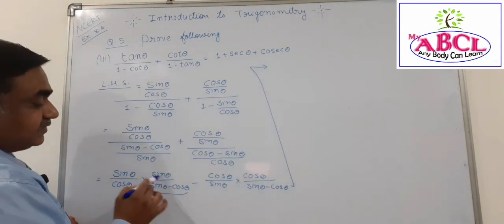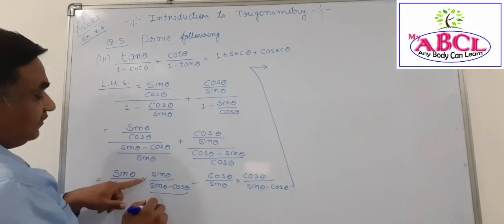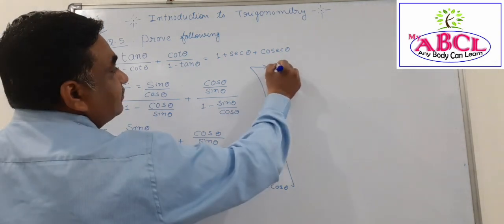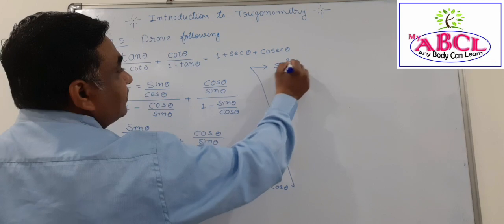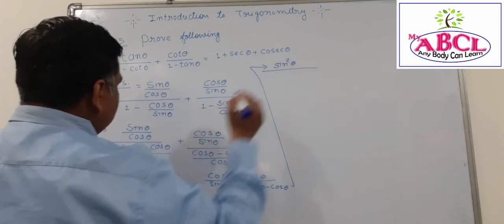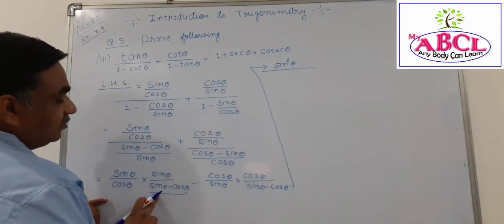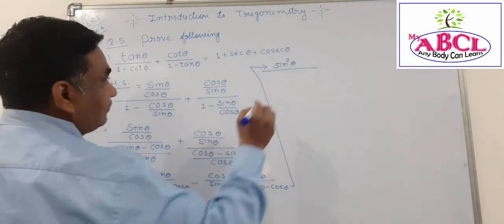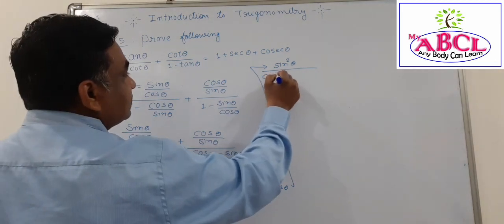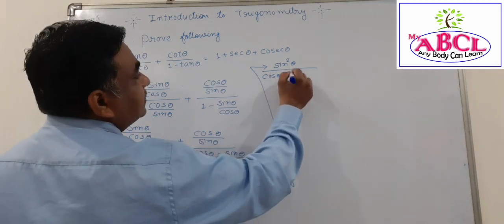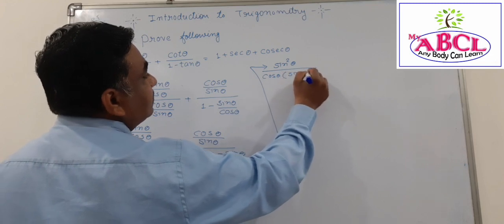Let's multiply these two. Sine theta into sine theta will become sine square theta. In the denominator cos theta into sine theta minus cos theta.